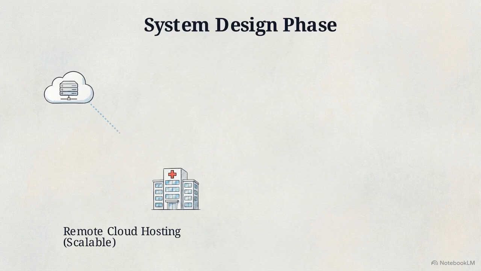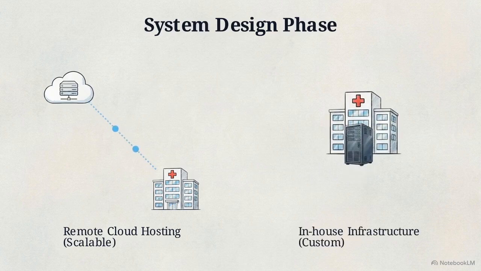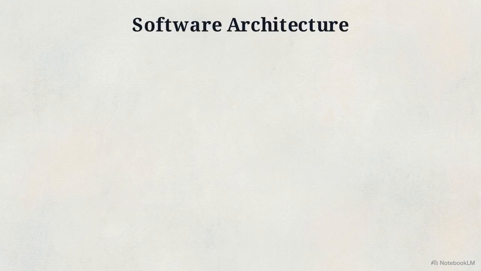First, the organization determines its hosting strategy. They can either pay for scalable, remote cloud computing services or invest in an in-house server infrastructure and custom prototypes. Second, they must decide on the software architecture itself, choosing between an integrated system and an interfaced system.